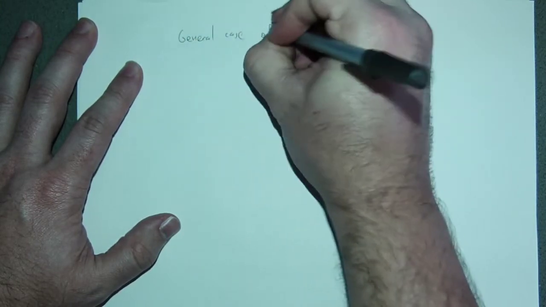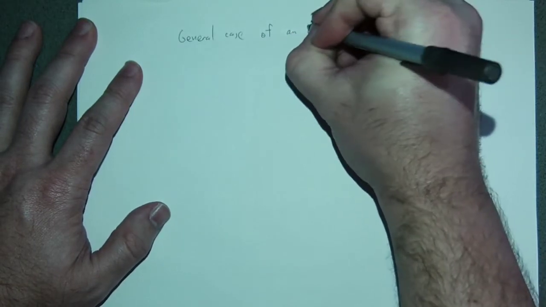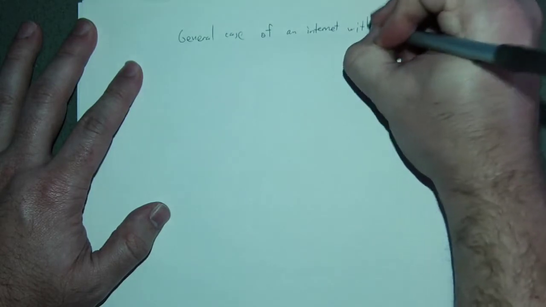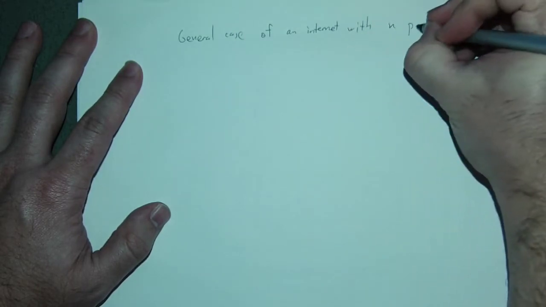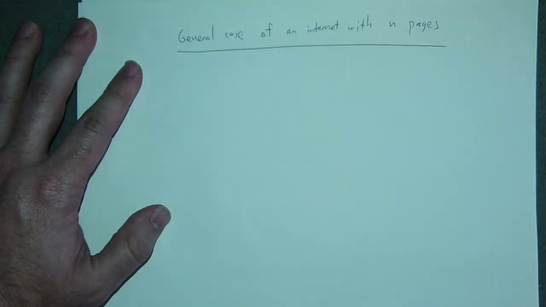So, the general case of an internet with n pages. Okay, so if you have an internet with n pages, how does this work?